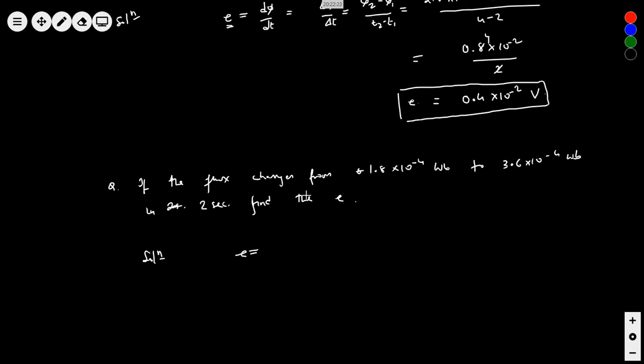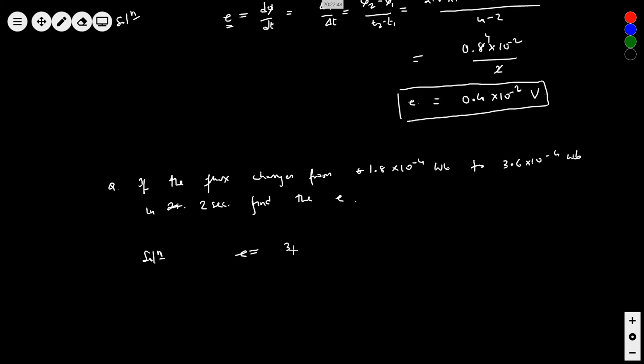E equals to how much? Sir, delta phi by delta t. Which one is the final here? Sir, 3.6 into 10 to the power minus 4.